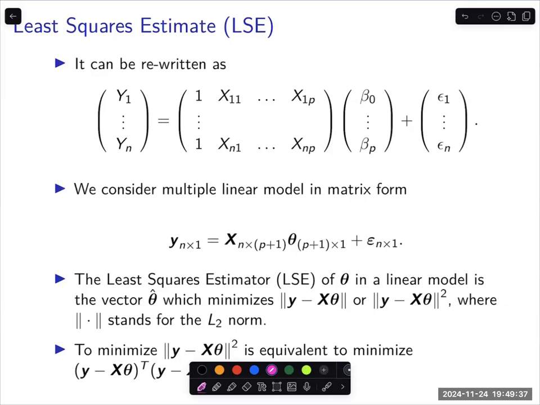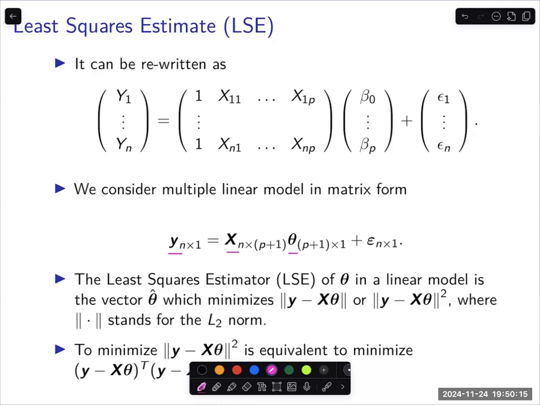Here we use y1 to yn, which is organized as a vector of size n, represented as this bold letter y, and we are going to represent the observations of x together with the common term for the intercept as 1, x11 to x1p, and so on until 1, xn1 to xnp, and we are going to write the parameter that should be estimated.